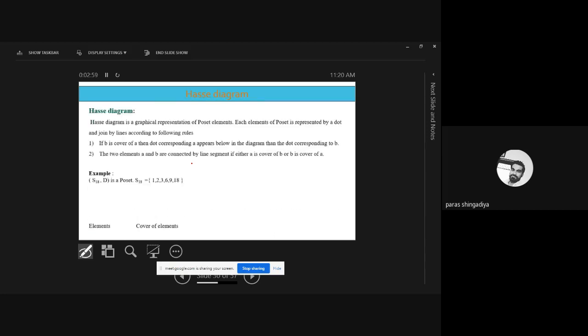And now the topic of S diagram, which we also discussed in the last lecture. What is the S diagram? How can we create the S diagram for any given data? The S diagram is a geometrical representation of the poset elements.